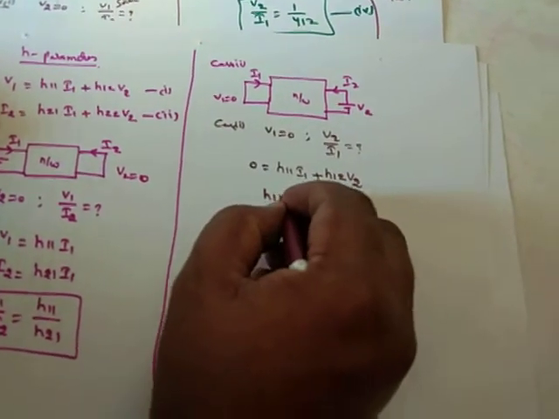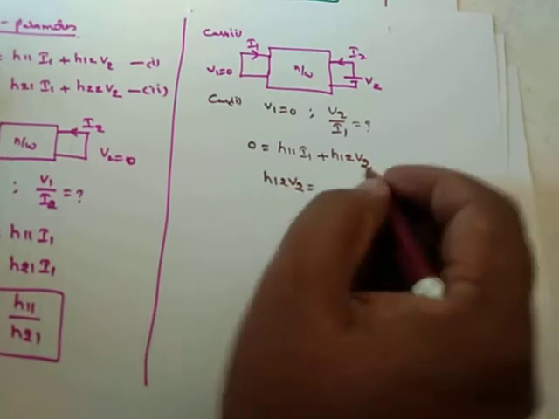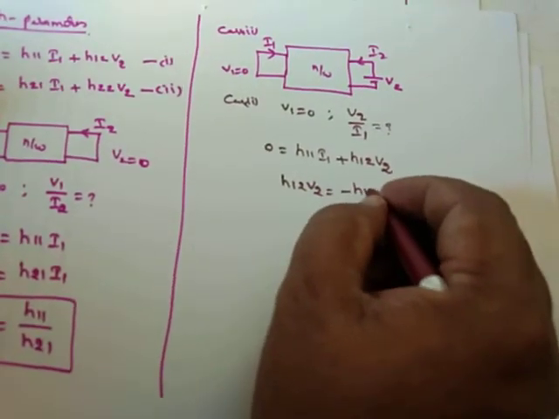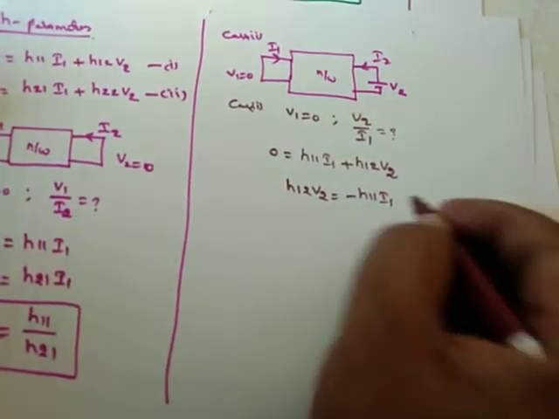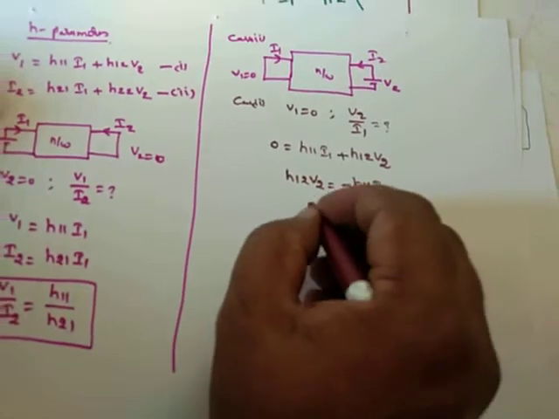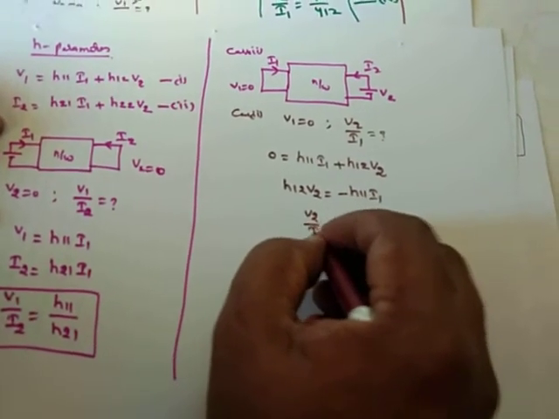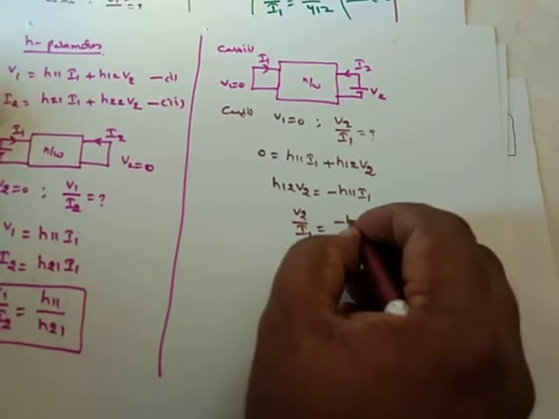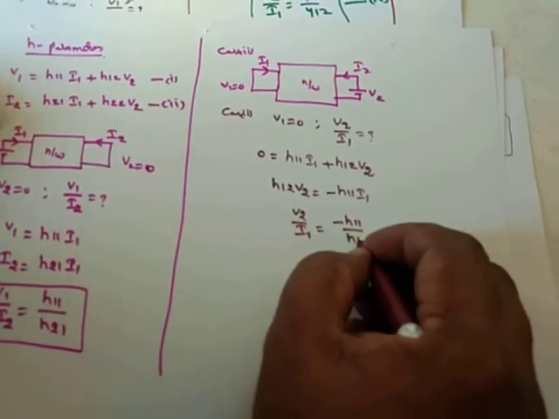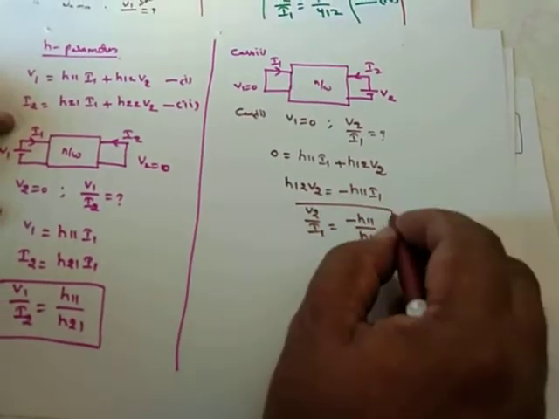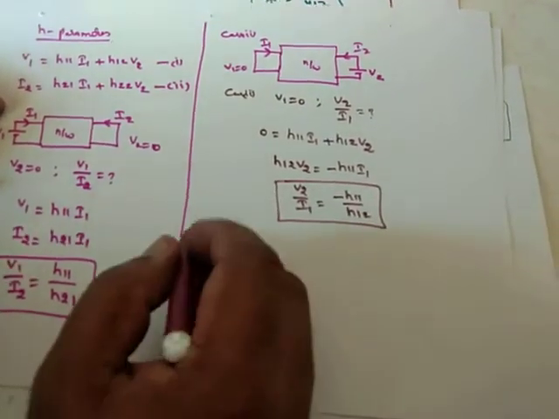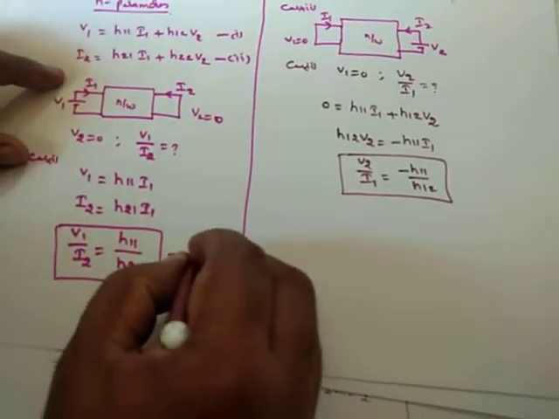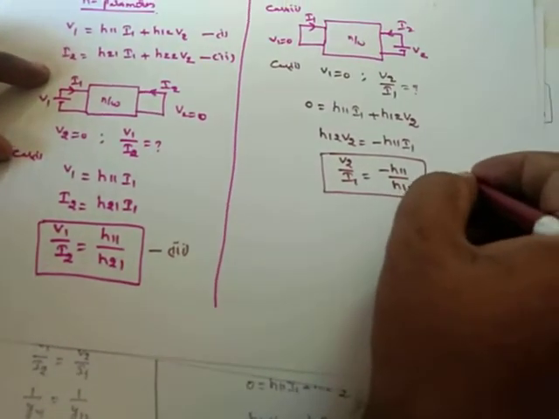So H12 V2 is equal to minus H11 I1. So V2 by I1 is equal to minus H11 by H12. Suppose this is third, this is fourth.